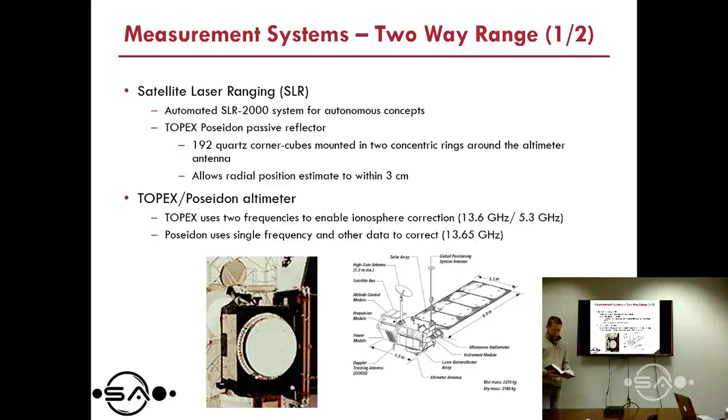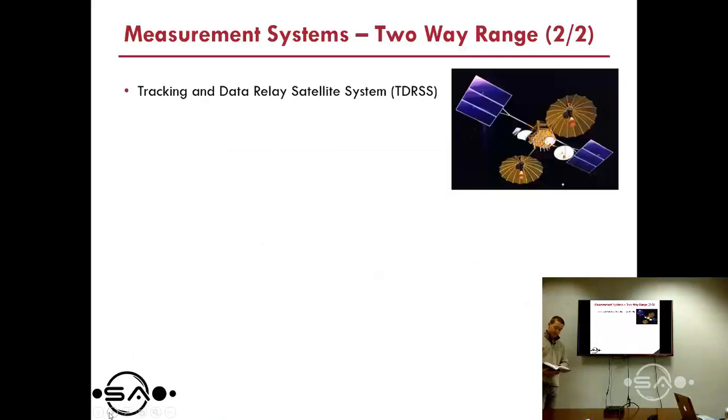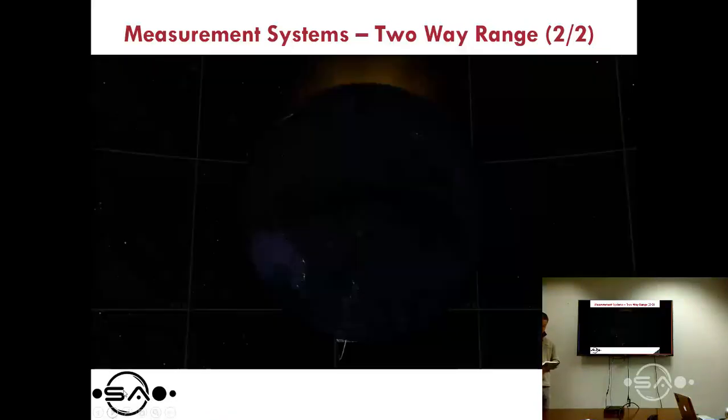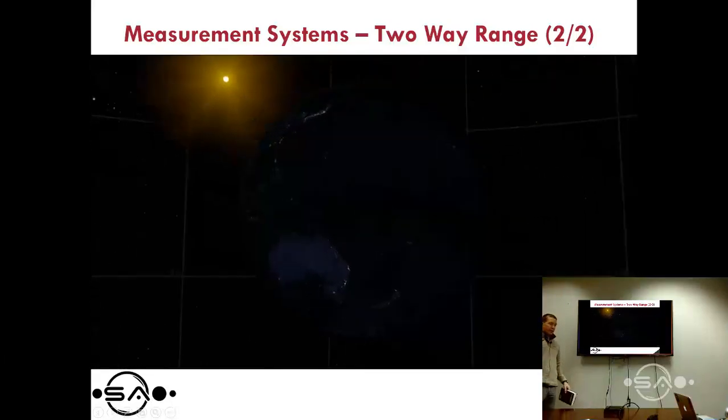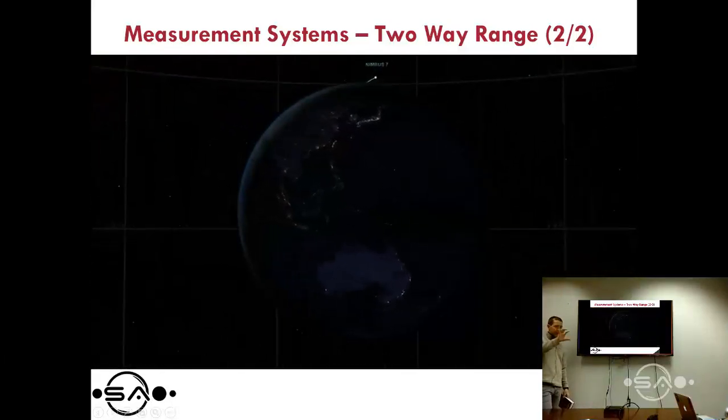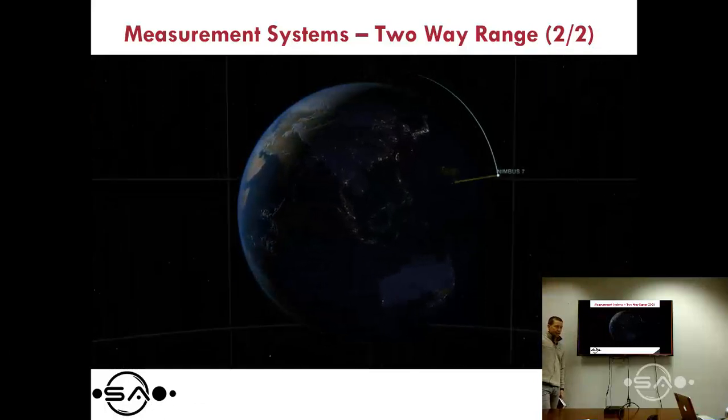TDRS is another one, but TDRS is a long way of doing it. TDRS is, let's see if I can get this right, transmitted data relay something system. Let me pull up the book. It is NASA Tracking and Data Relay Satellite System. And so they have at least 3 geostationary satellites, right?